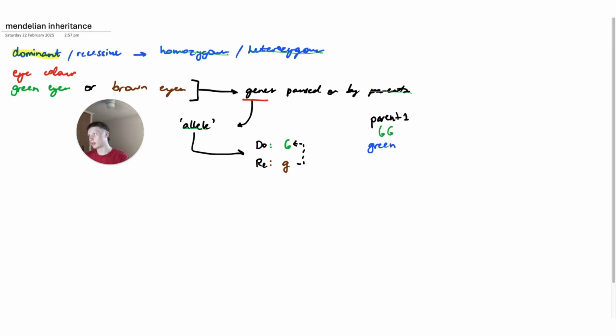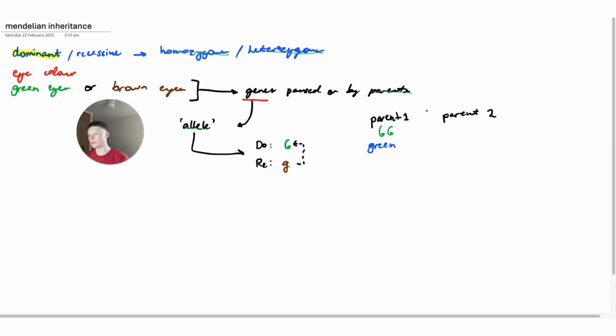If parent two has two little g alleles, so they've got both alleles for the recessive trait, which is brown eyes, well, they're going to have brown eyes. That's not really the confusing part. If you've got both of the same allele, you're just going to have the type of trait that allele codes for.